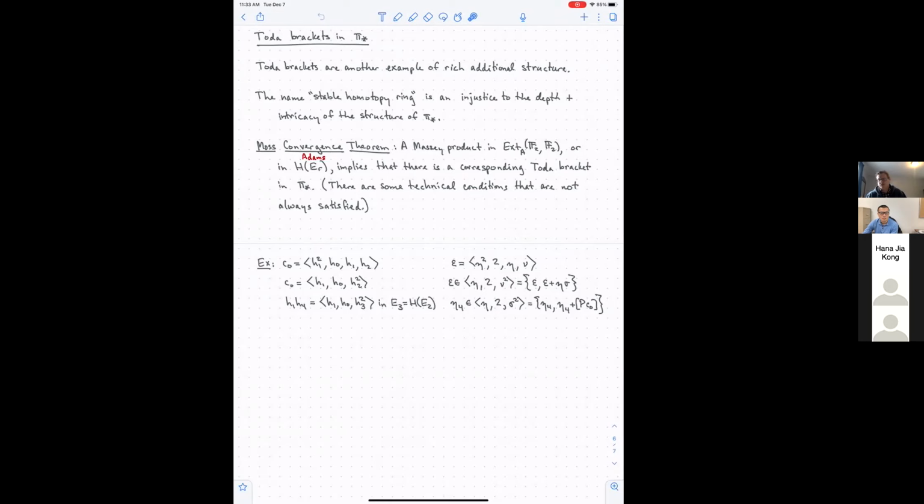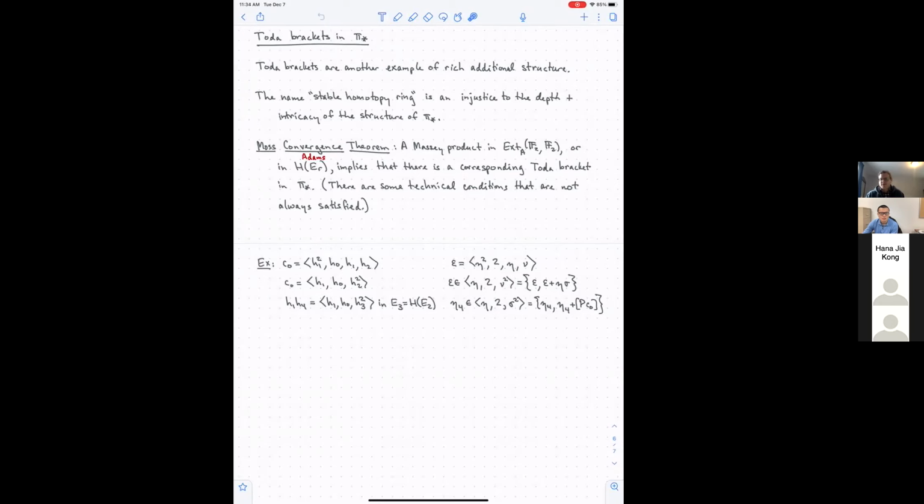That we're not just looking at abelian groups when we talk about stable homotopy groups. There's this filtration that we like to keep track of. And there are these higher brackets, these higher products, these total brackets, okay? And one of the things that I could have really said in the first lecture as well is the name: we talk about the stable homotopy ring, pi star, the stable homotopy ring. And I really dislike that name.